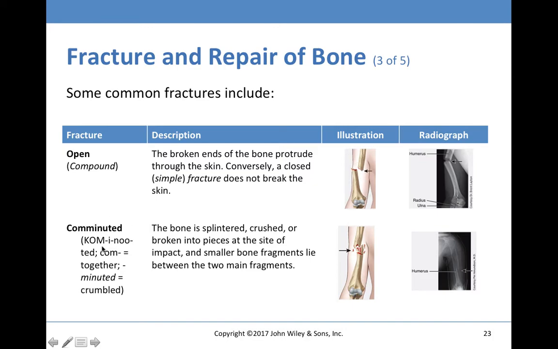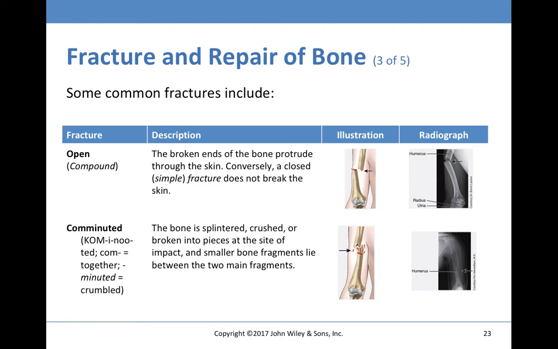Now our comminuted fracture, this is where we crush the bone. It's a splintered crushing type of fracture, and this is where oftentimes we still have two main fragments, but then we have some smaller fragments in between. This is oftentimes where you can see bone being lost other places in the body, in the skin.